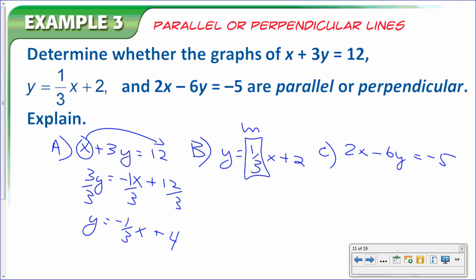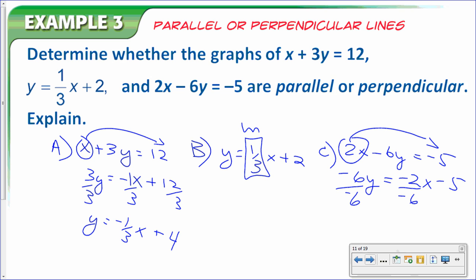Okay, we gotta switch this into slope intercept form, right? Move that over there, which gives me, then divide by -6. y equals 1/3 x plus 5/6.